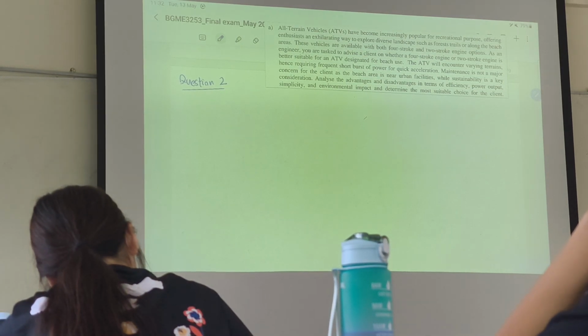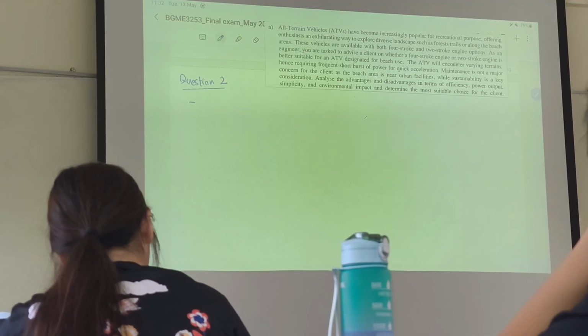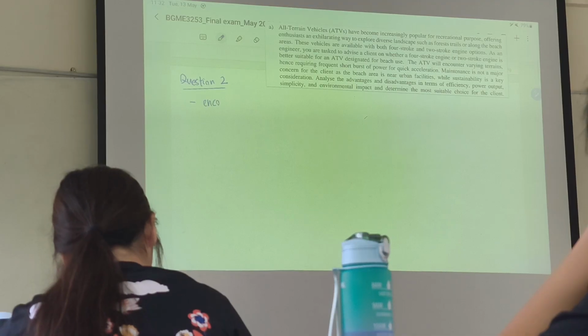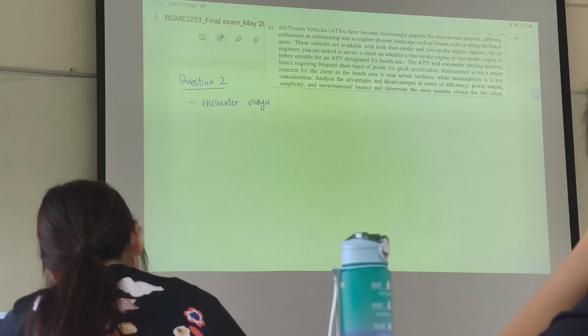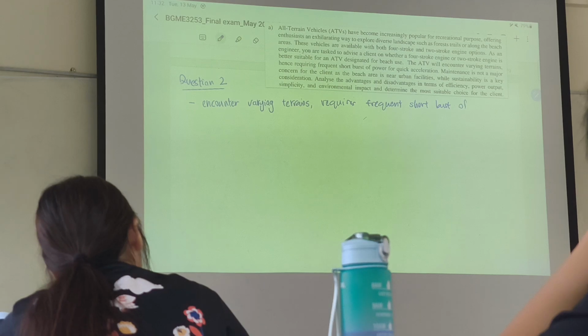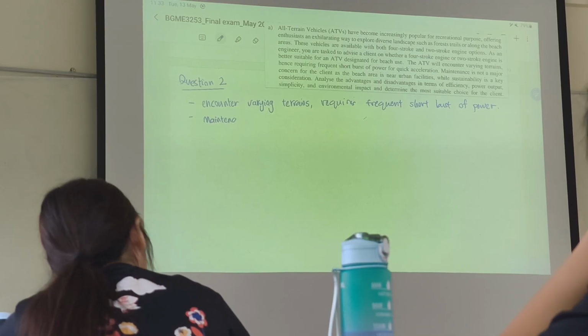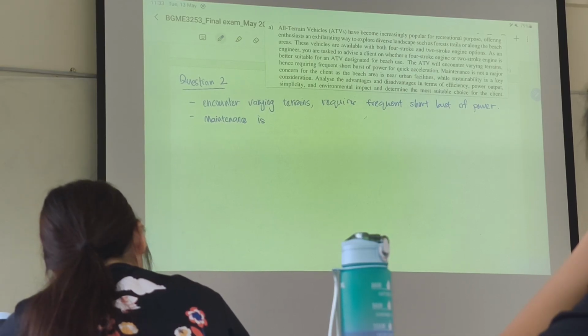So first criteria here. We will encounter varying terrains. It requires frequent short bursts of power. Maintenance, once again, is not a major concern.